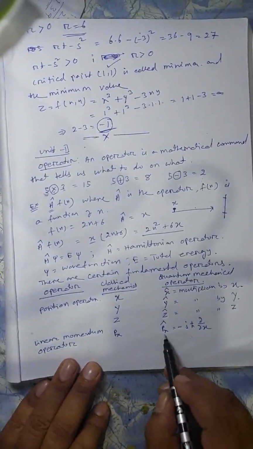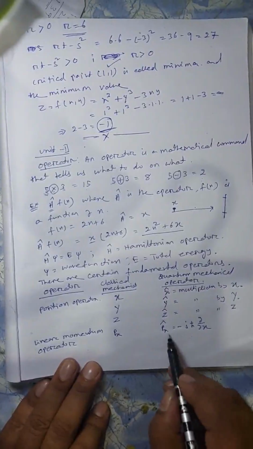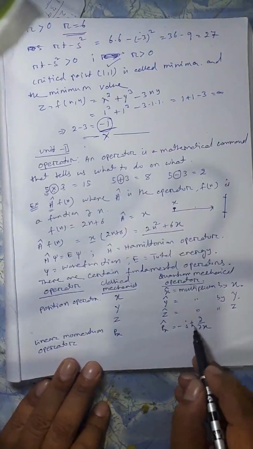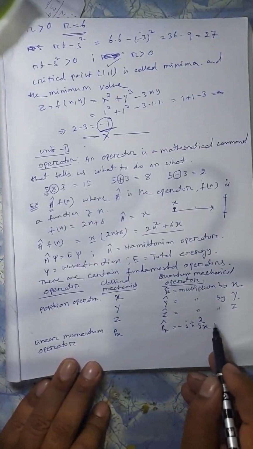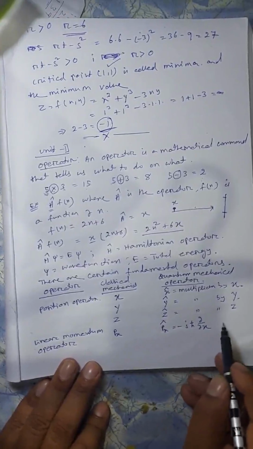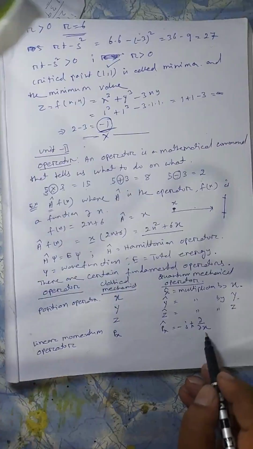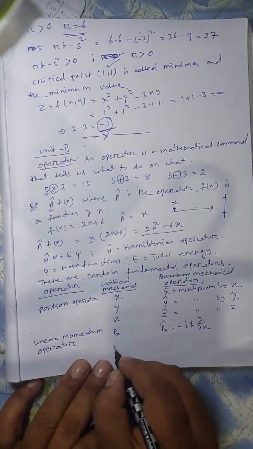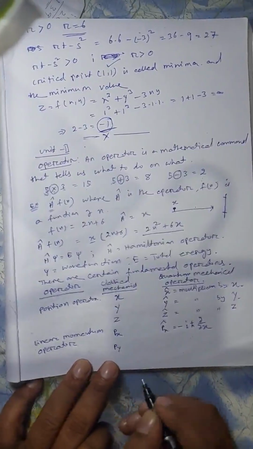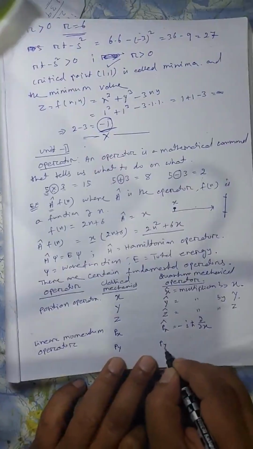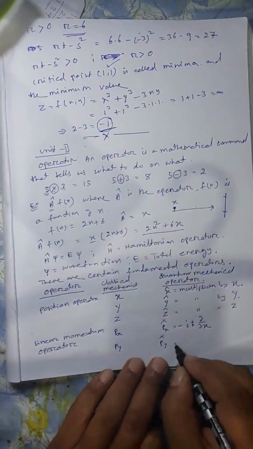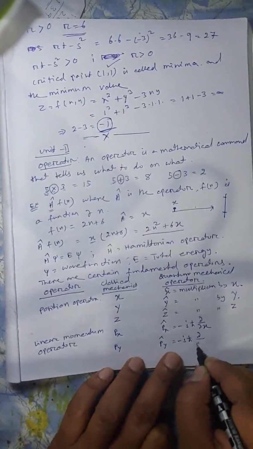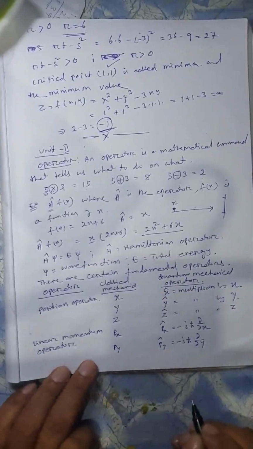That means for px cap in quantum mechanics, we have to operate with this value, minus i h bar times the derivative dou by dou x, on whatever function is there, differentiating with x. Similarly for py in classical mechanics, in quantum mechanics we write py cap, and its value is minus i h bar dou by dou y.